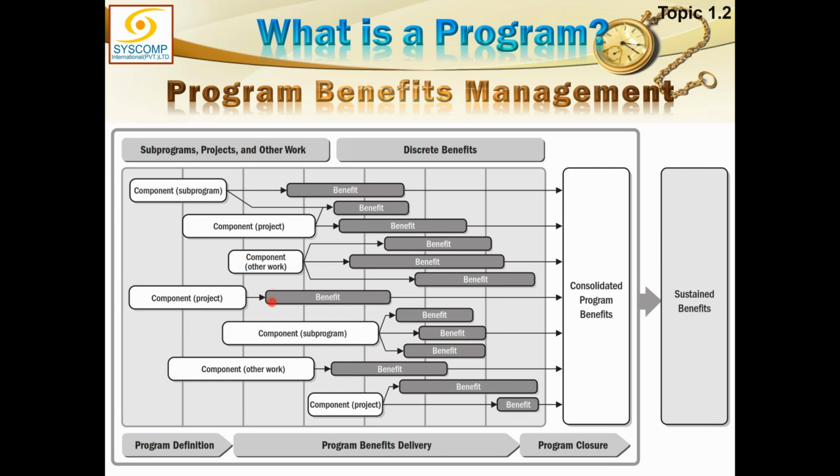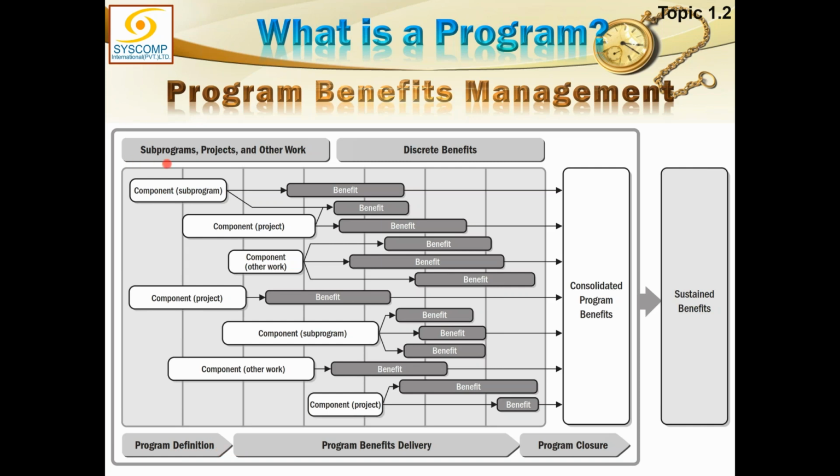So as soon as the first benefit starts yielding, the program benefit delivery starts until the last benefit is yielded. For program definition, it is enough to have a program management plan and the initiations completed of all the components. Till that time, the program definition is going on.